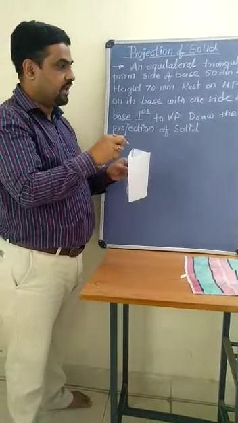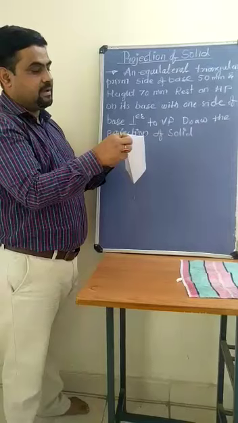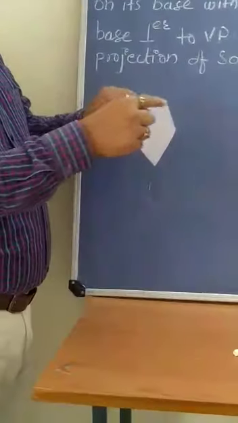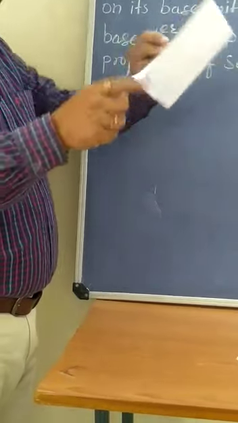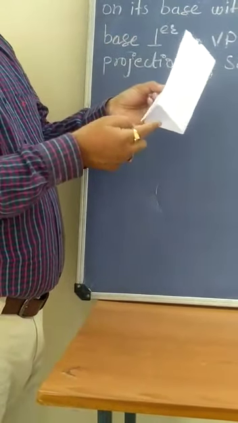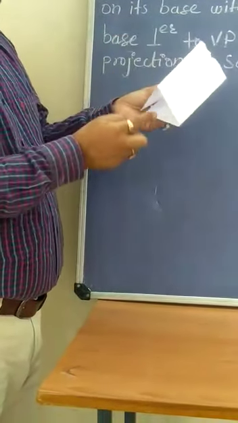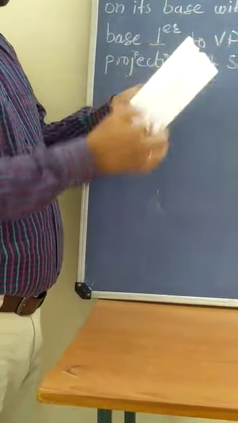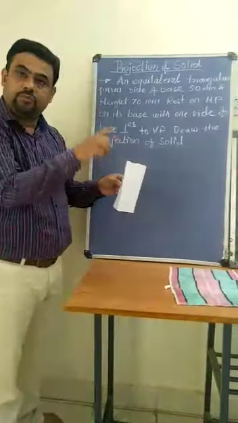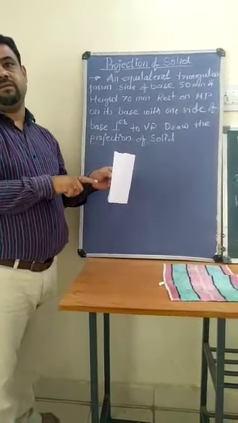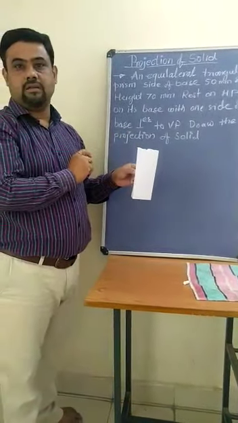Axial height means you know the axis. The axis is the imaginary line joining the midpoint of the lower base and the midpoint of the upper base. The length of this line is 70 mm. That means the height of this solid is 70 mm. These are the dimensions.